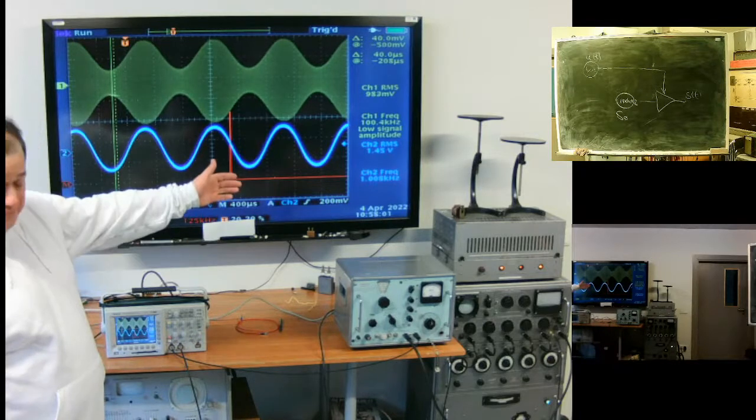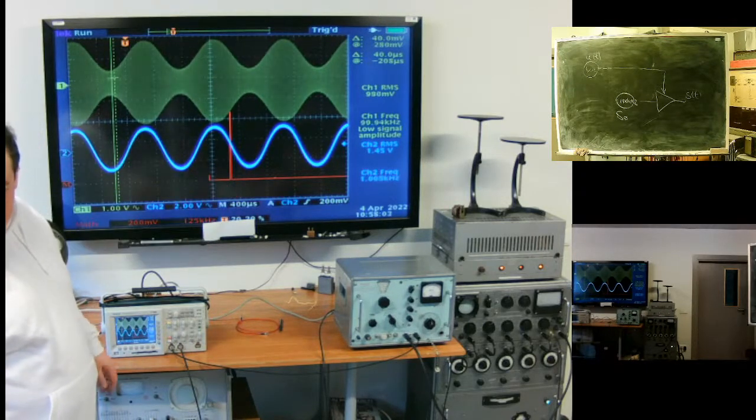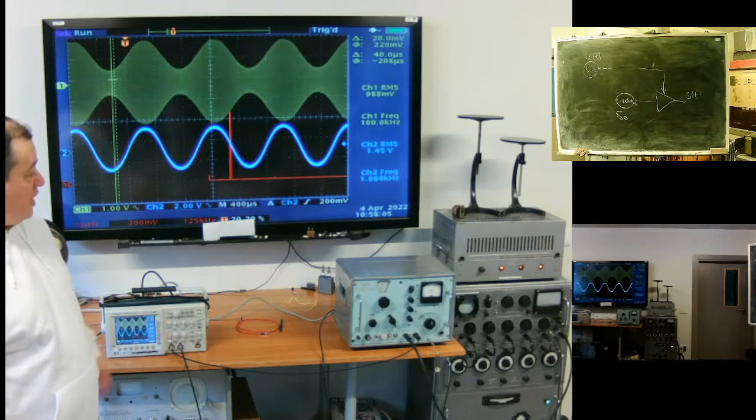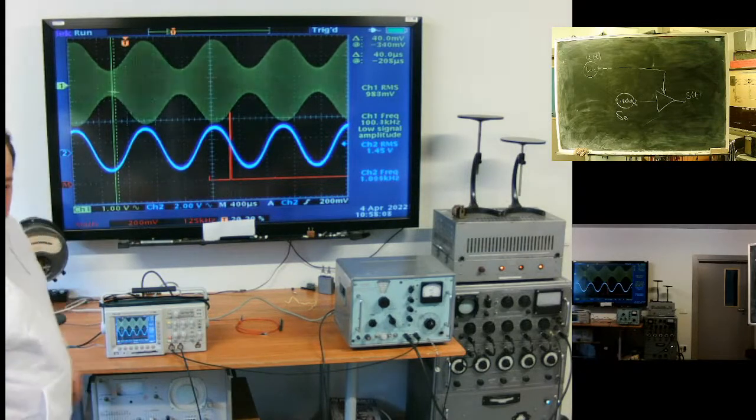I can connect an amplifier to make it hearable.